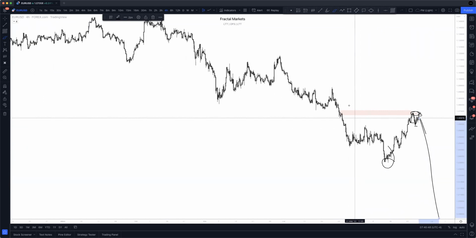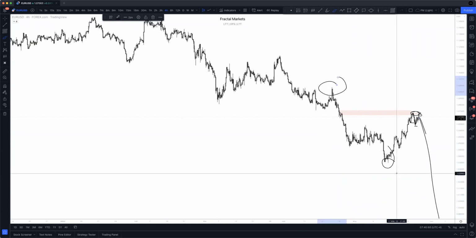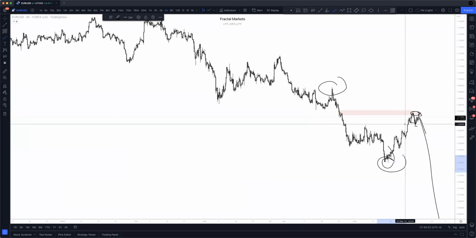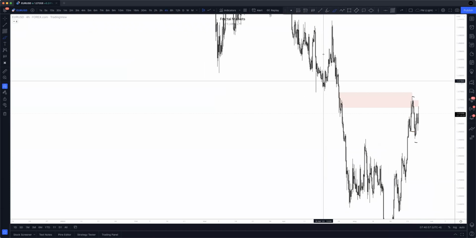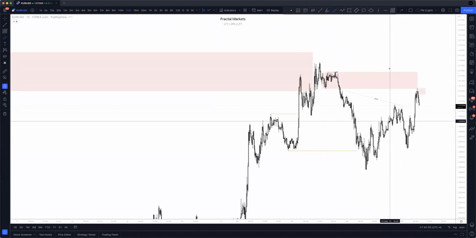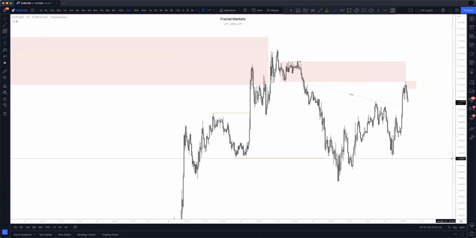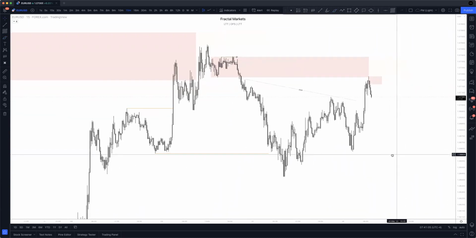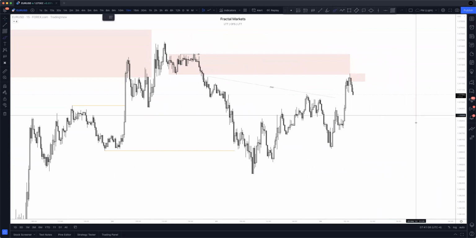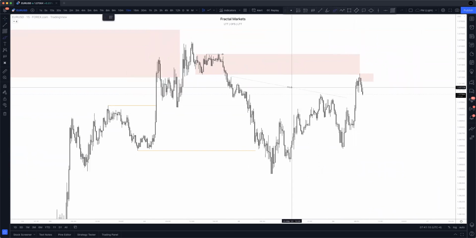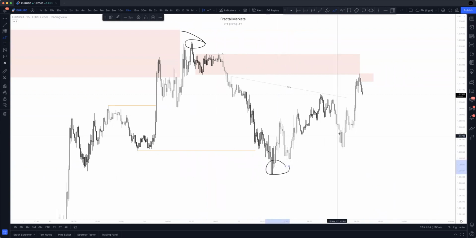So right now for me, the 4 hour swing point is right here and right here. Does that make sense? Oh, on the 15. Okay, give me 2 seconds. Okay, so right here and right here, these are swing points, right?